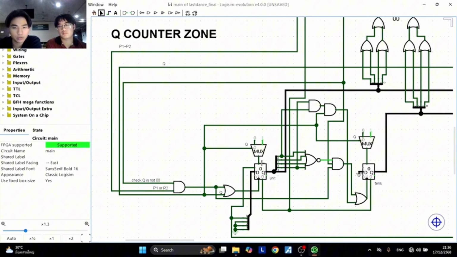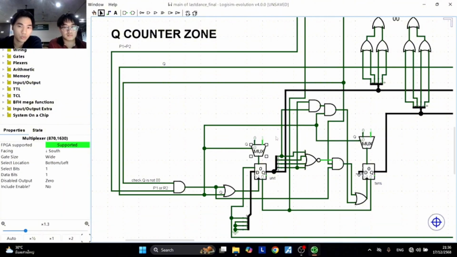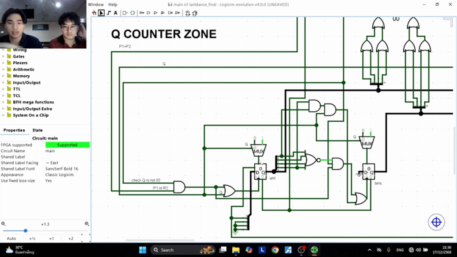Of course, this unit counter is connected to the up and down function, which we use a mux to take the input and give it to the counter. Like when we press Q, the number of units will increase by 1.